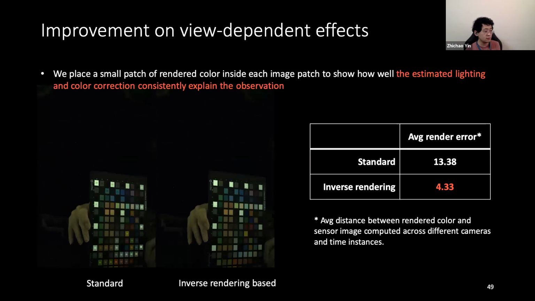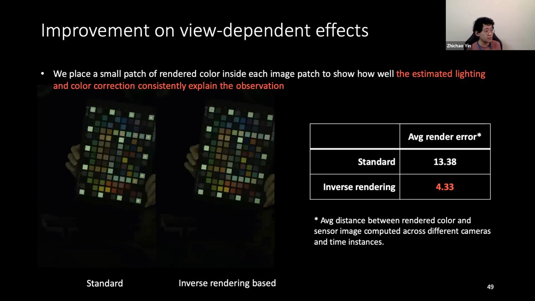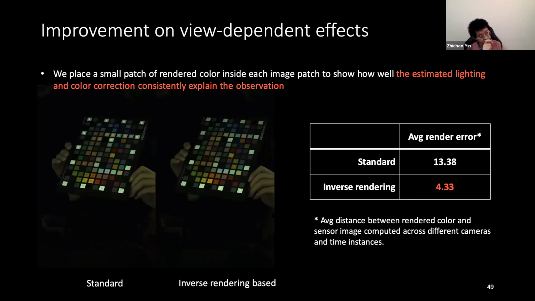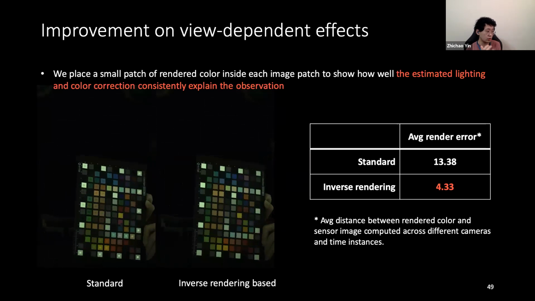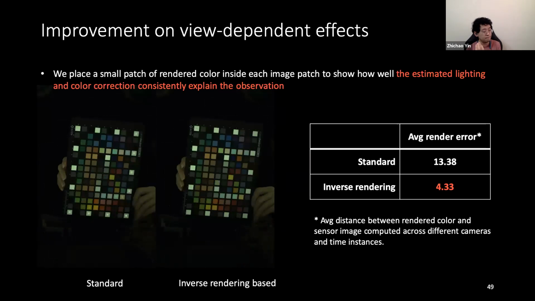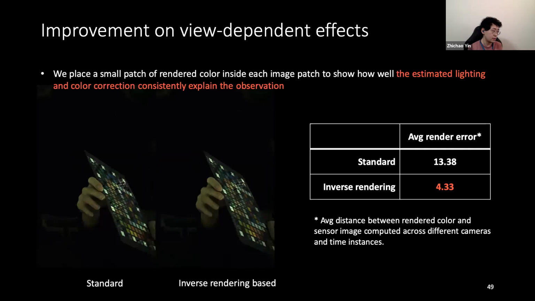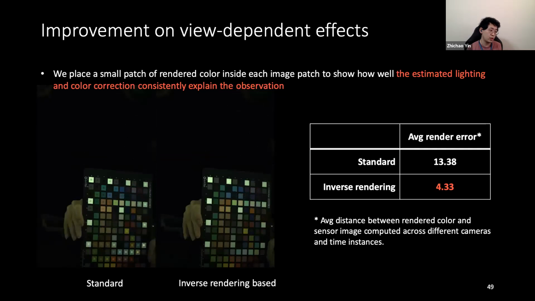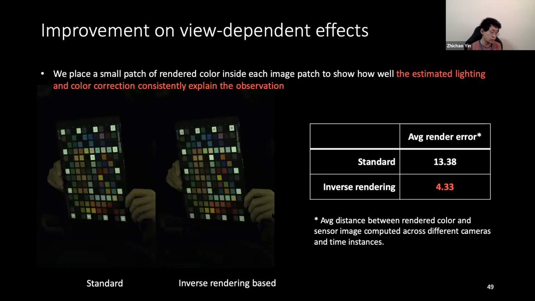For the left part, which is the result of the standard approach, sometimes the rendered value looks pretty similar to the background color, but sometimes it's not. This is caused by the failure to consider the view-dependent effects. But we can see the improvement with the inverse rendering-based method, which we show on the right.